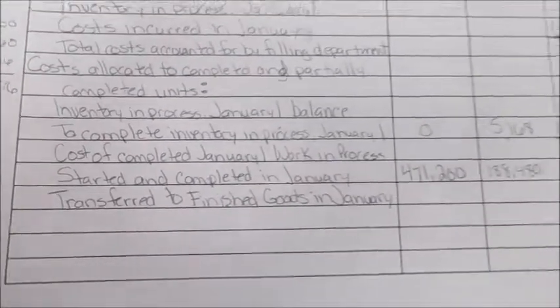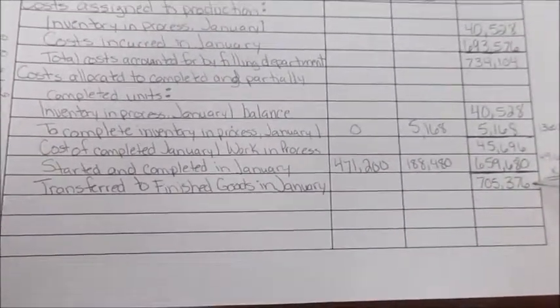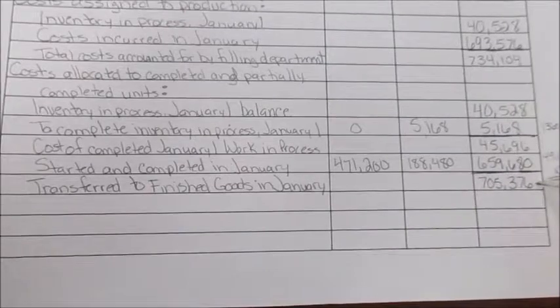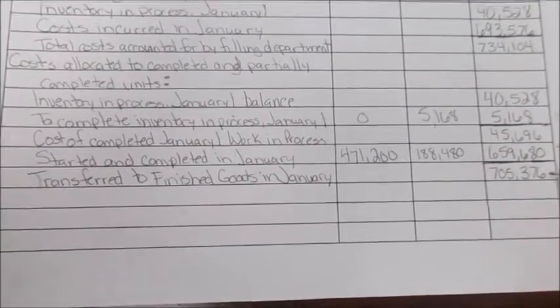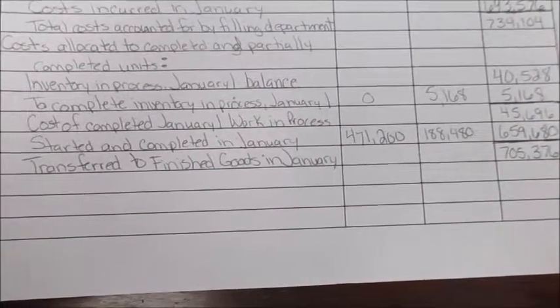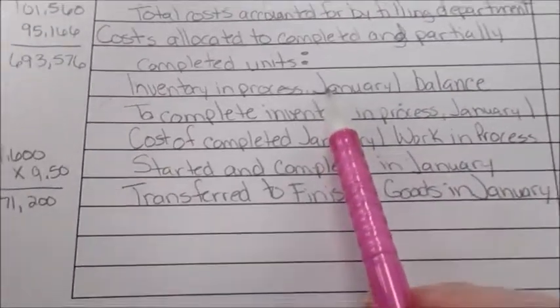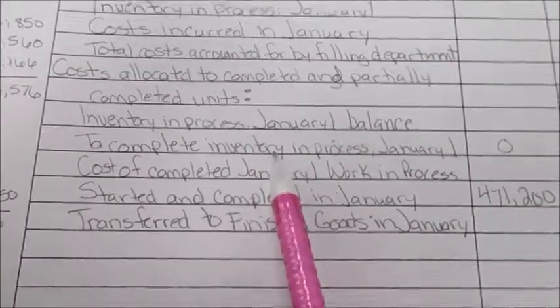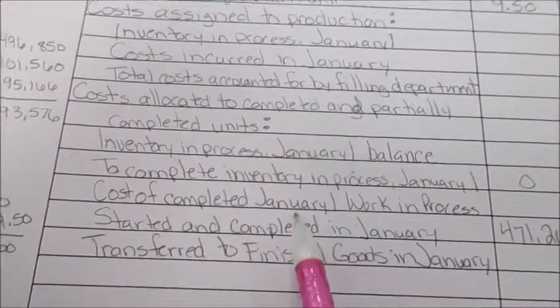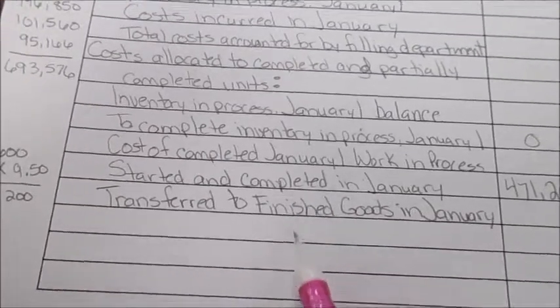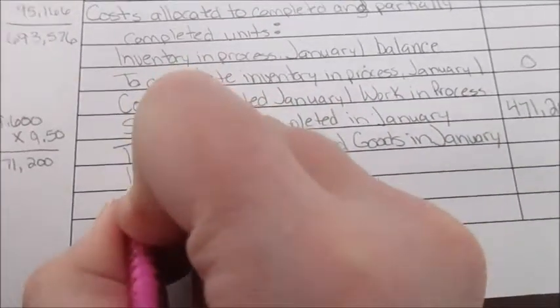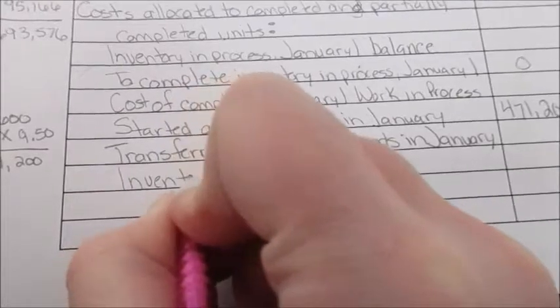Okay, so we moved $705,376 worth of cost to finished goods. Okay. So again, we did our inventory at the beginning. How much does it cost to finish that work? Okay, what did we start and complete in January? So now we have to look at what was still in process at the end of January.